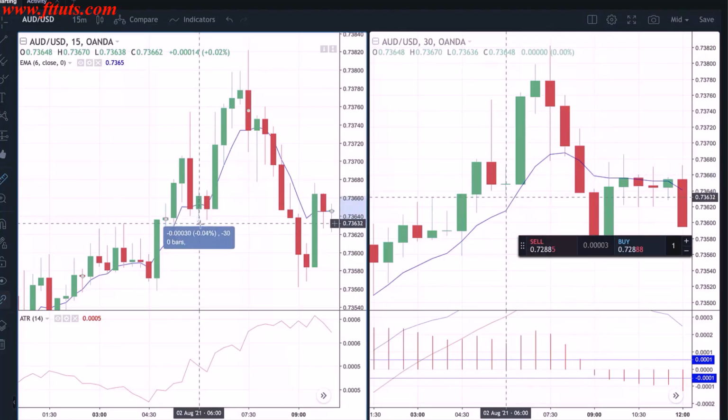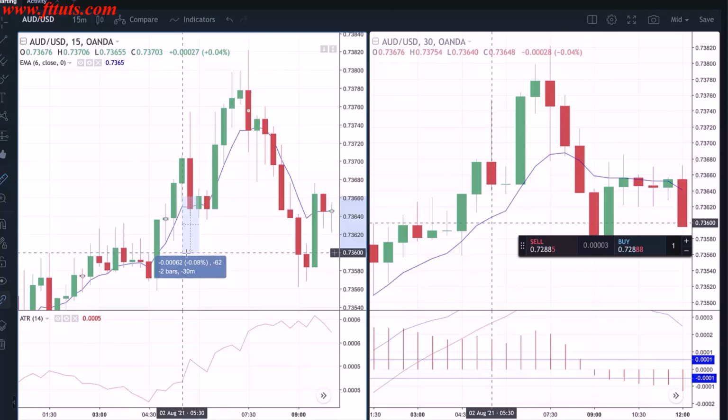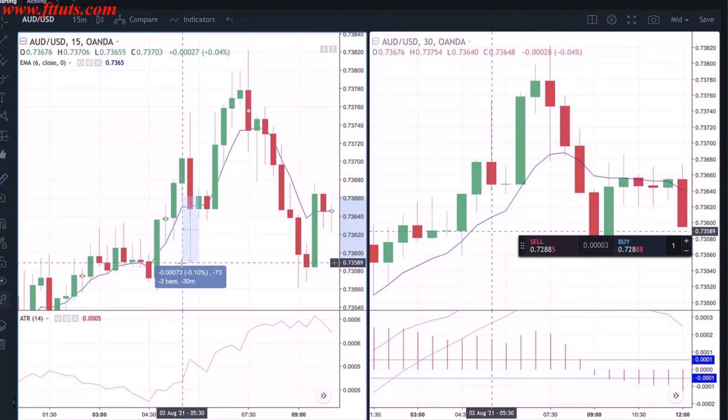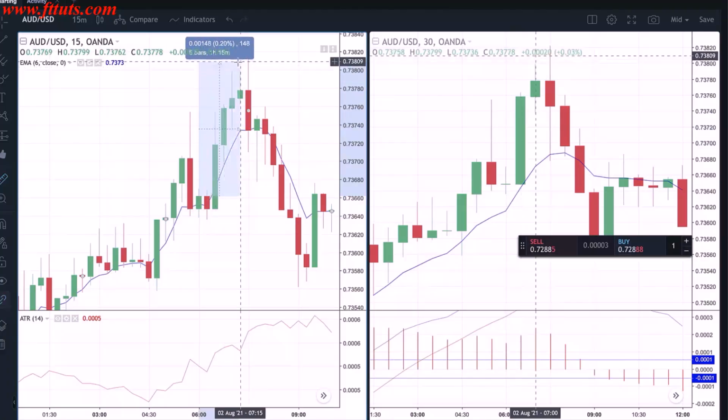And basically checking what happens with the trade. This goes down only 2.5 pips or so, and it goes up to about 15.6 pips.